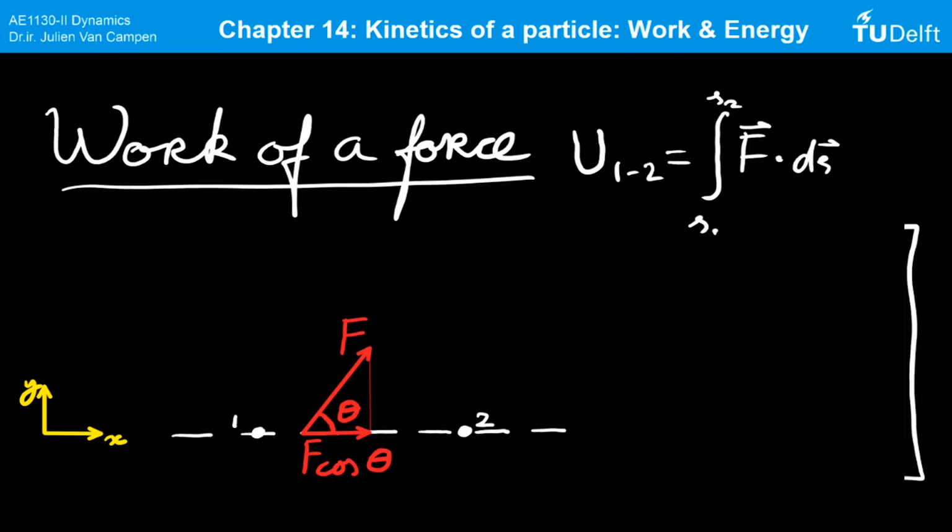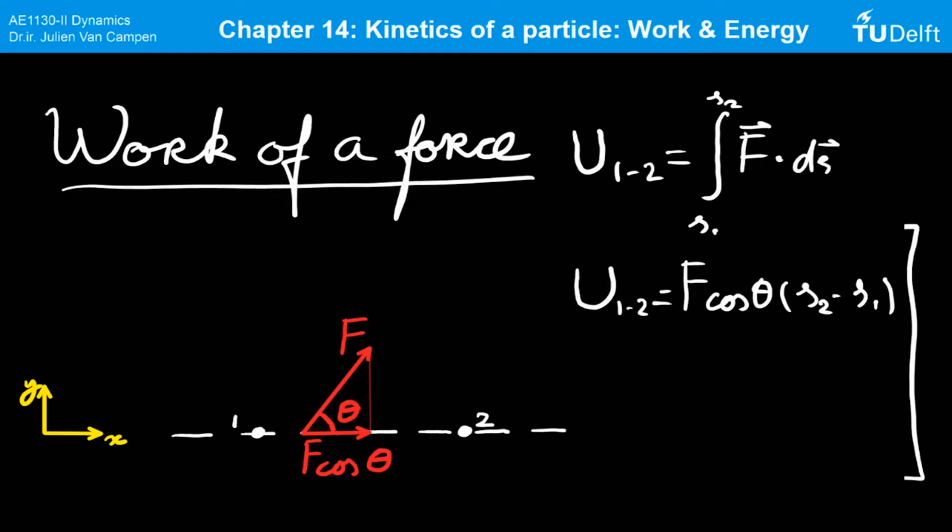Because the force is constant, it comes outside of the integral sign, and the work done by the force going from point 1 to point 2 can be written as U12 equals F cosine theta times (S2 minus S1). Notice that the work done by this force in this example is positive because the component of the force tangent to the path and the direction of the displacement are in the same direction.